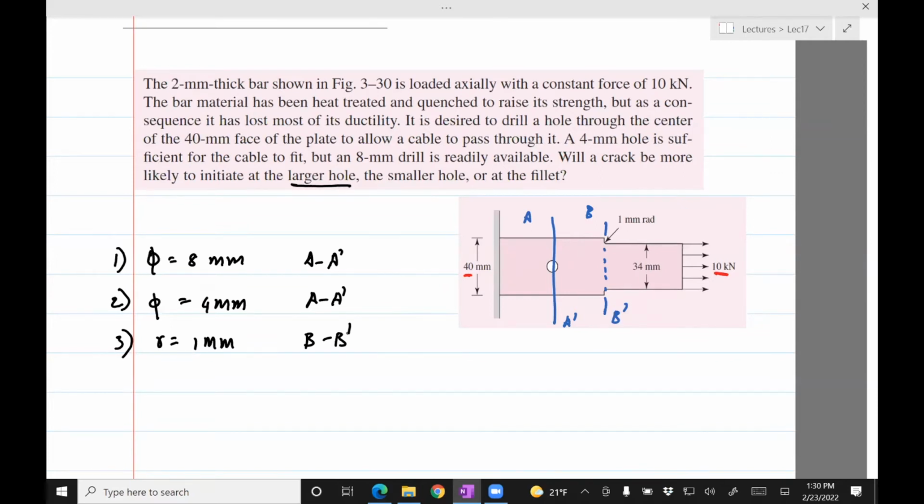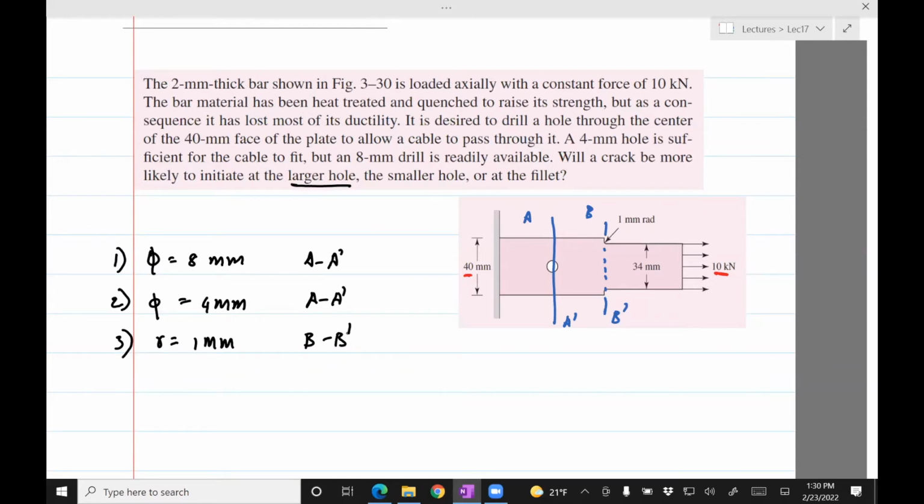There are three places where there's going to be stress concentration. One of them is going to have the maximum stress, clearly, right? Let's say that the maximum stress is at the section B prime, which means that if you apply more than 10 kilonewtons, it's probably going to fail at B prime. And so we don't care what the size of the hole is at A prime, because the critical part is B prime. And so we'll just go with the 8 mm hole.